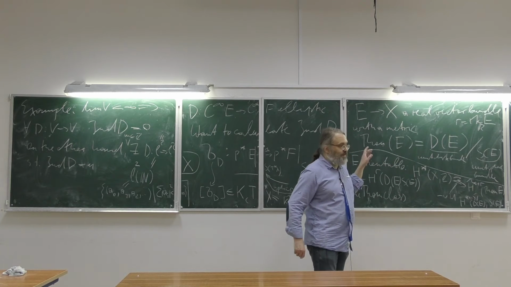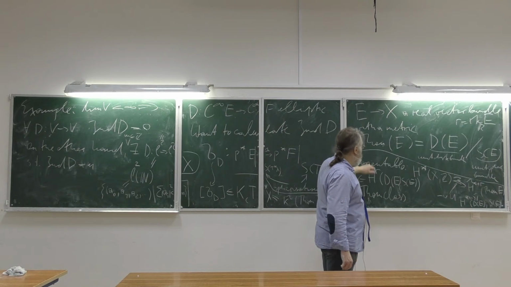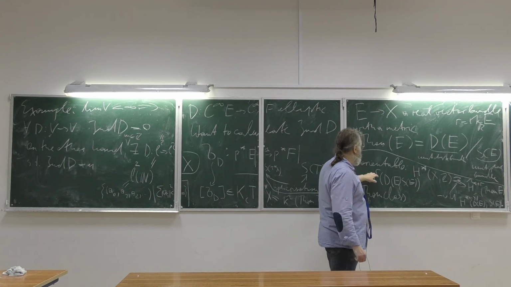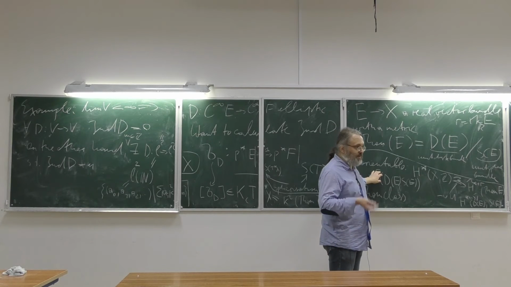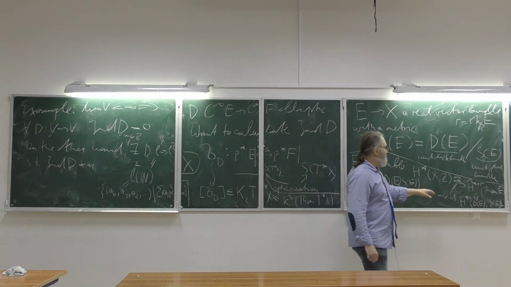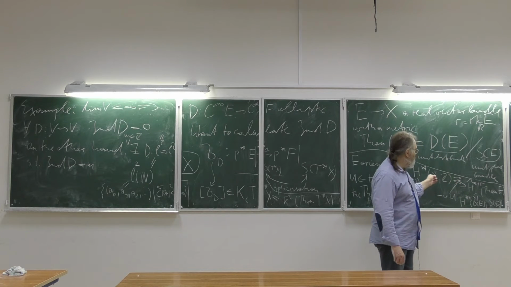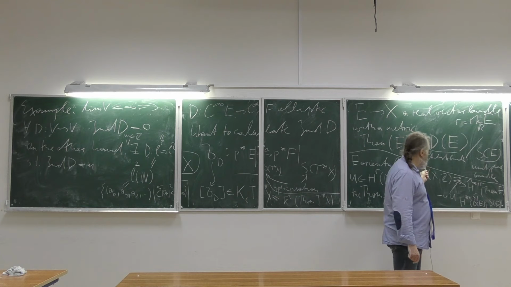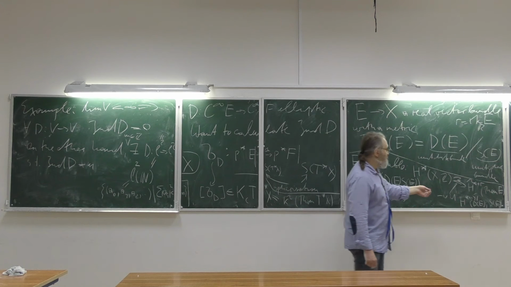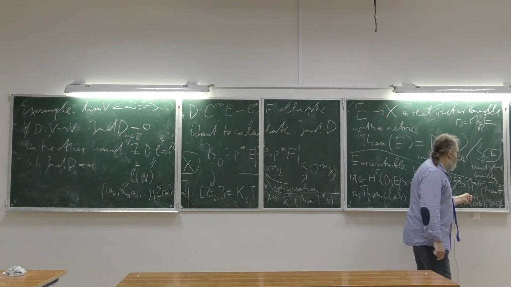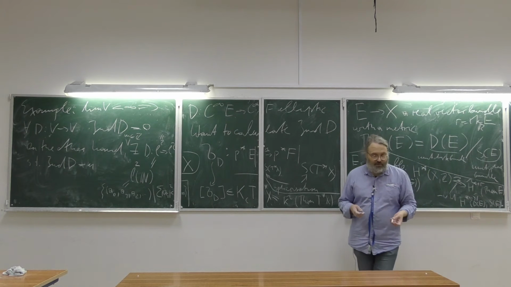What I want to say here is that if E is orientable, then there exists a class U, and moreover a unique class U, such that cupping by U induces an isomorphism from the cohomology of X to the cohomology of the Thom space, which we identify with the cohomology of the disk bundle modulo the sphere bundle.